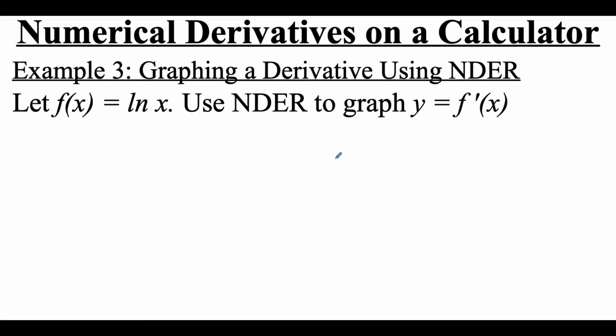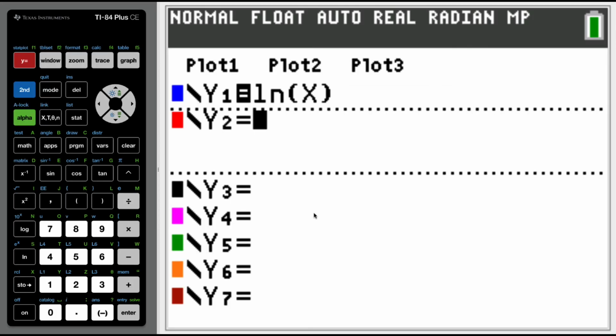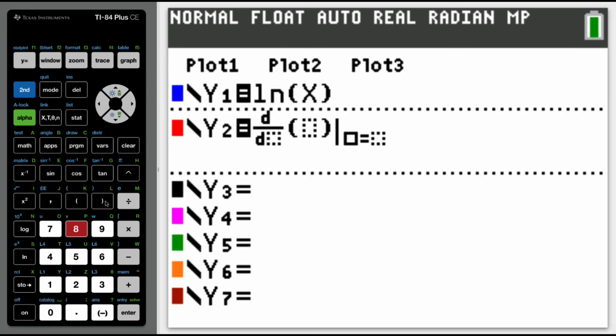Now we can also do some graphing of a derivative using that numerical derivative. So we're going to use the function f of x equals the natural log of x, and then we're also going to use that n-deriv, or that numerical derivative, to graph out its derivative. So in my y equals screen for the y1, I already have that natural log typed in there. For the y2, I'm going to put in that numerical derivative, but I have to be careful how I'm typing it in.